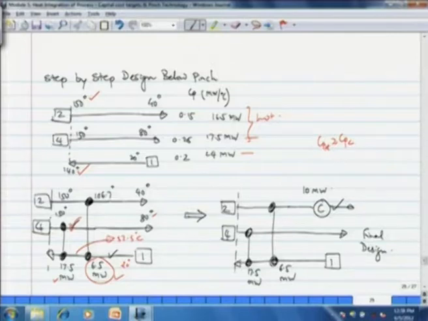Now, after giving away 6.5 megawatt of heat to stream 1, stream 2 is still left with 10 megawatt of heat, and the temperature of stream 2 as it exits the 6.5 megawatt exchanger is 106.7 degrees centigrade, determined in the same way as before.